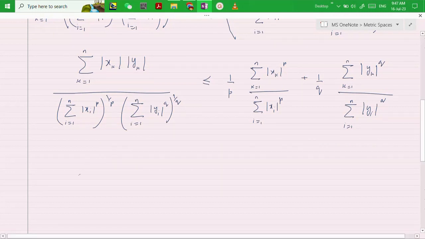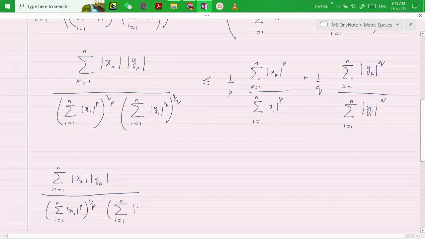Okay, so then we have summation k from 1 to n mod xk mod yk whole divided by summation i from 1 to n mod xi power p whole power 1 by p, summation i from 1 to n mod yi power q whole power 1 by q.